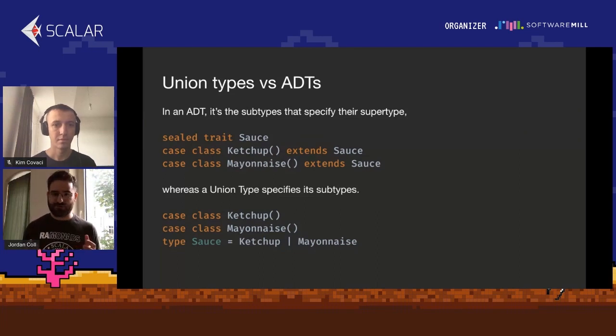Because unions build through composition, we can use them to build hierarchies from completely unrelated types. We see here that Ketchup has no knowledge of Sauce. Sauce and Ketchup could even be in different modules. So if we need to use Ketchup for other recipes, we don't need to make changes to Ketchup. We just need to combine it again at the point of usage.